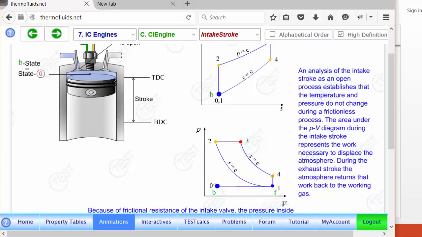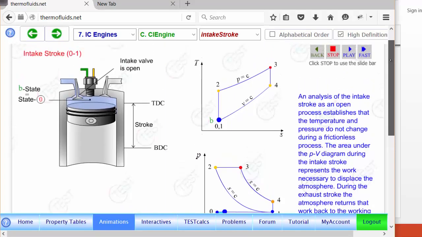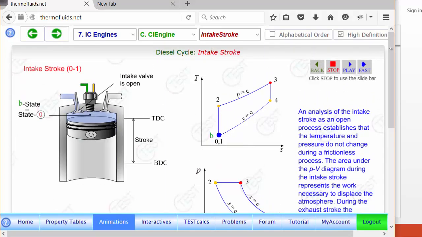The total volume changes, but the pressure is assumed to be the same as outside air. So state 0 and 1 thermodynamically are the same. That's why in the TS diagram it's in the same state. If we drew P and small v, specific volume, 0 and 1 will be the same. So the intake stroke is identical between the Otto cycle and the diesel cycle.